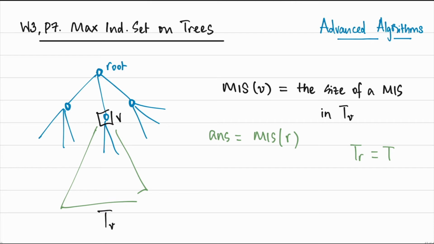And what would be a natural choice for base cases? Well, a natural choice for a base case would be a vertex whose subtree is empty, so you don't have to go any further down. So such vertices in the context of trees are called leaves.